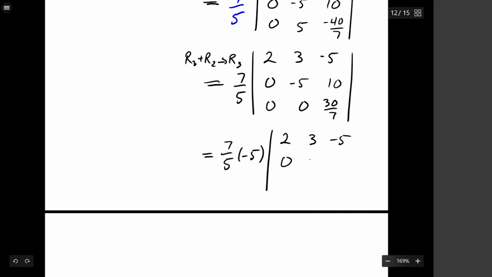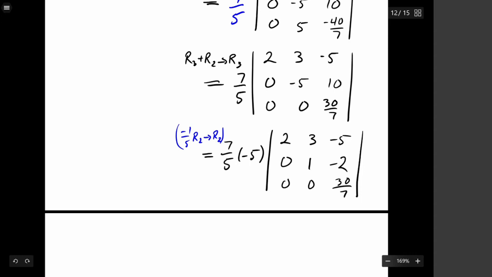So how does that relate to what we have here? Well, it's related because the step here is exactly -1/5 row 2 goes to row 2.